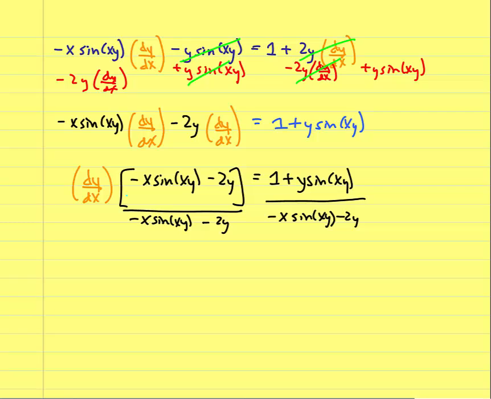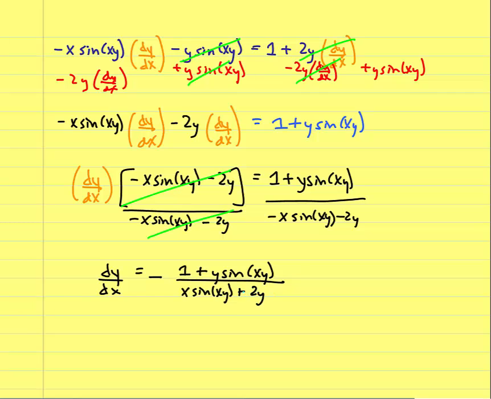So on the left hand side I have canceling occurring, and I'm left with dy/dx equals, I think I might want to pull a negative out here, so a negative sign out front, (1 plus y sine(xy)) all over (x sine(xy) plus 2y).